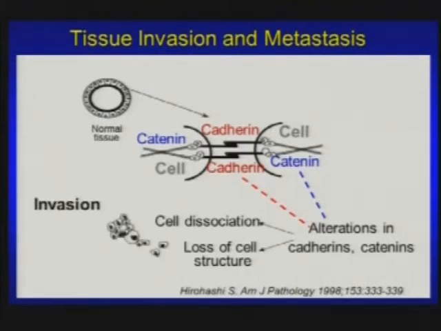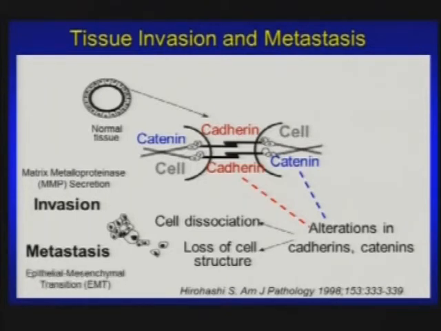Invasion involves now the secretion of matrix metalloproteases. These allow the cell to degrade extracellular matrix. And metastasis then involves the cell changing its phenotype, which is also termed epithelial mesenchymal transition.